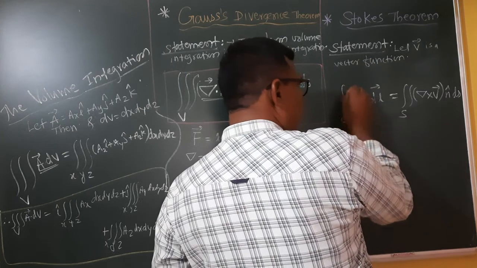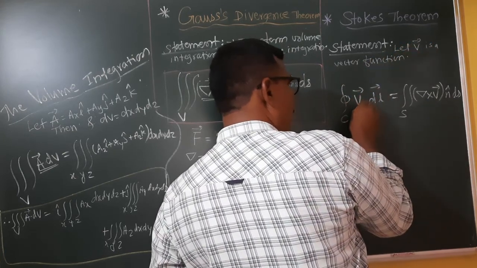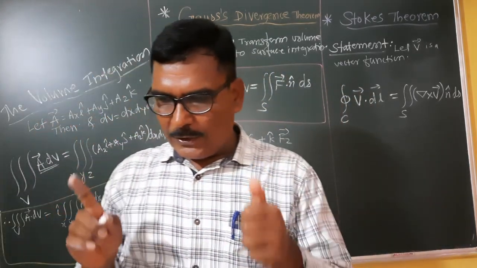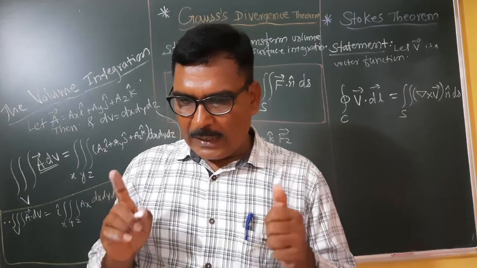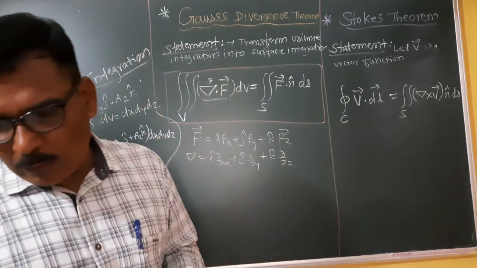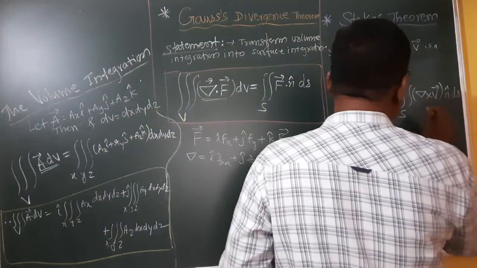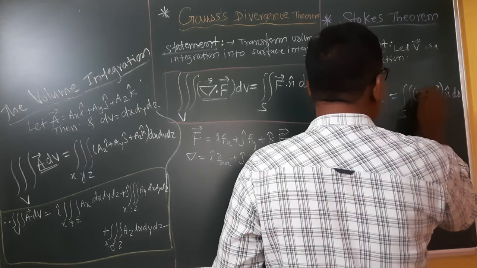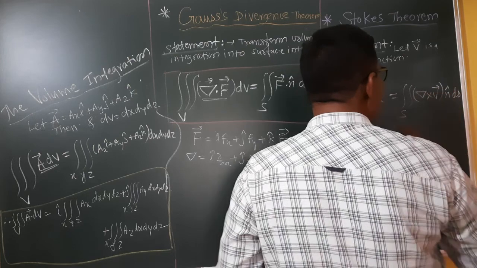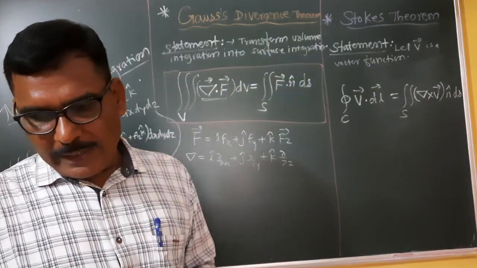The tangential line integration of vector function V bar over the closed loop C is equal to the normal surface integration of the curl of the function. The function is V bar, into n cap into ds.